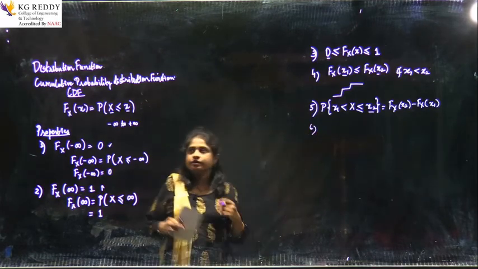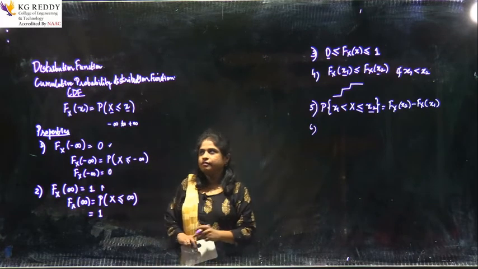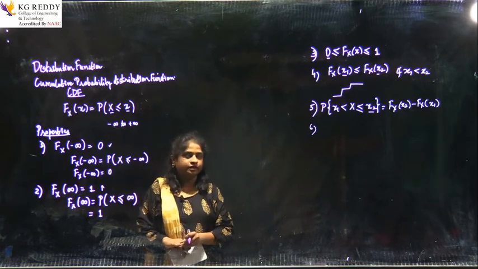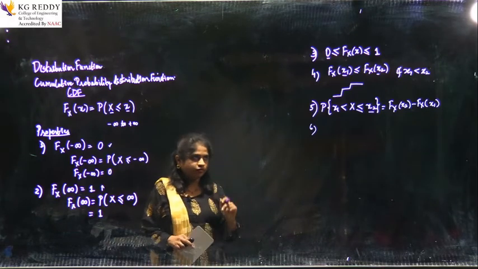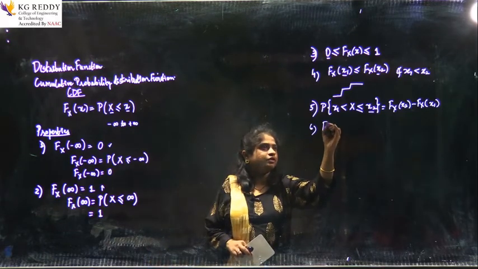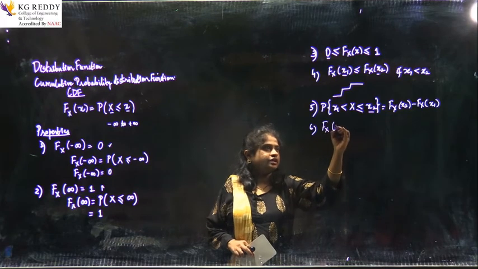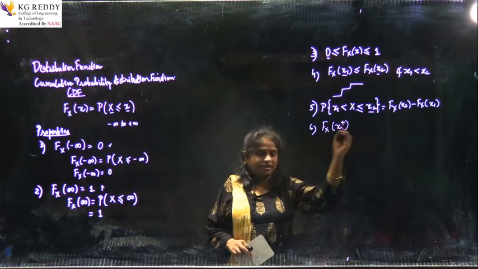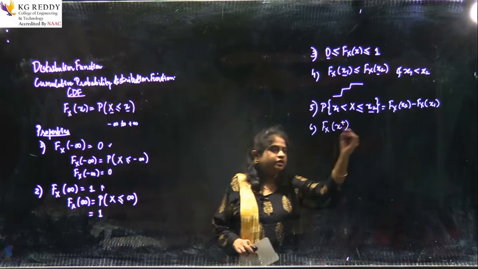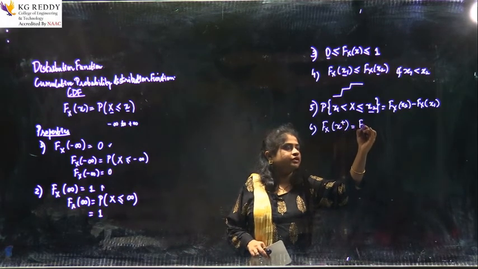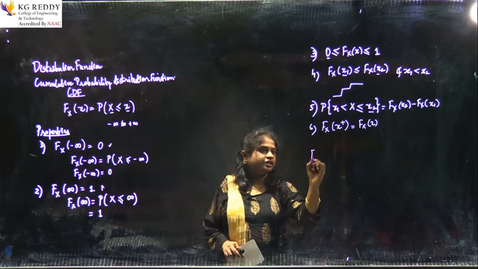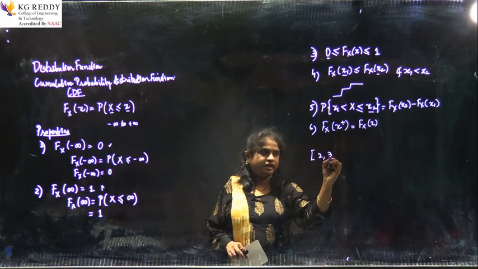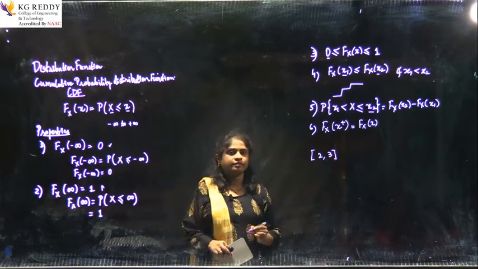In the previous video we have seen about the continuous random variable, right. For a continuous random variable, when we want to calculate the next value, that is f(x) of x plus a small increment, it will be almost equal to f(x) of x. That means, for the given interval, I had taken this example 2, 3.